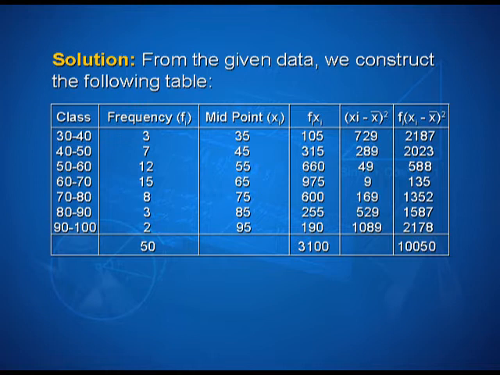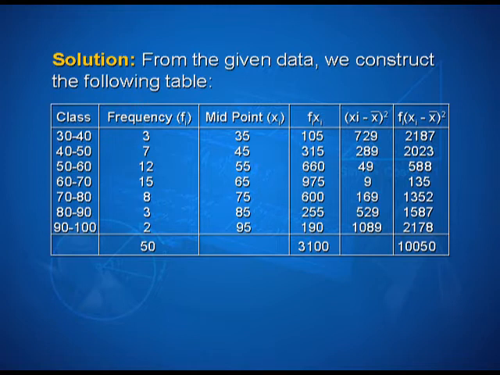Next column shows us Xi minus X bar whole square, that can be computed as 729, 289, 49, 9, 169, 529 and 1089.